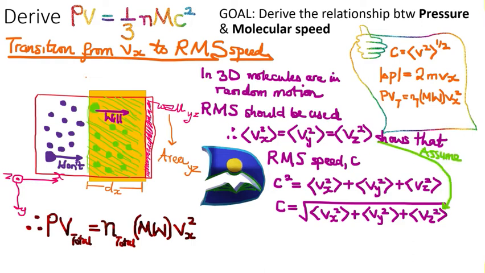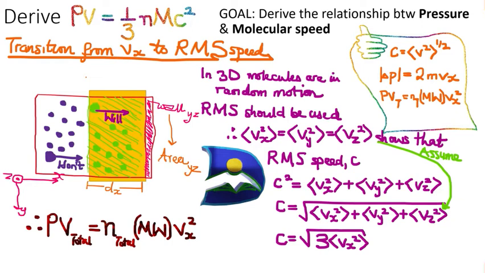Since we made an assumption that all the mean squares are equal to each other, we can incorporate that into that particular sum expression under the square root, and we will then make the sum equal to 3 times the average or the mean square of the x velocity.